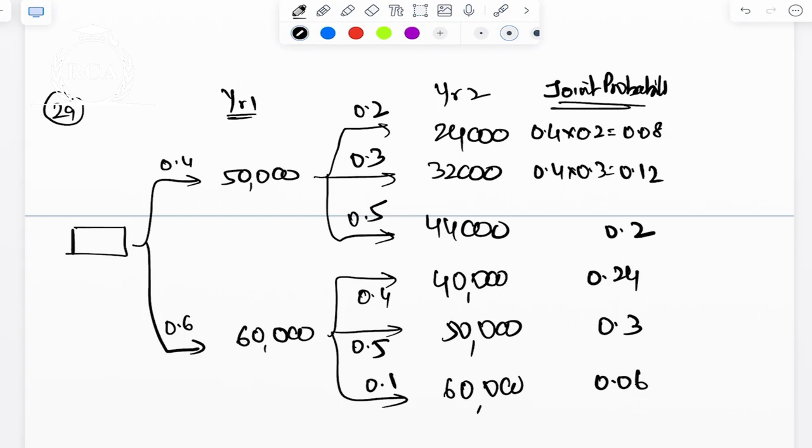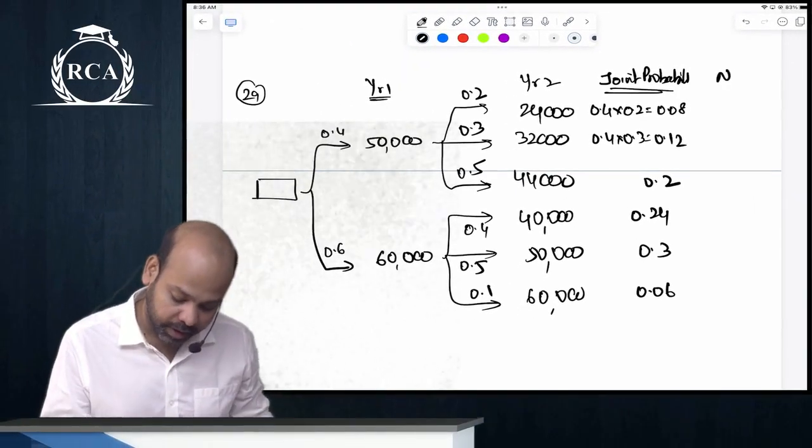What will be the NPV, guys, in the first case?